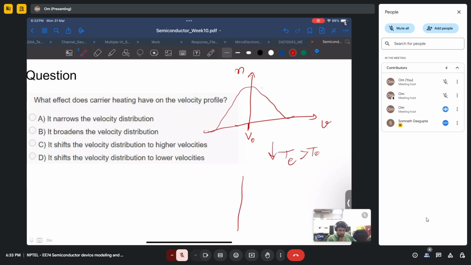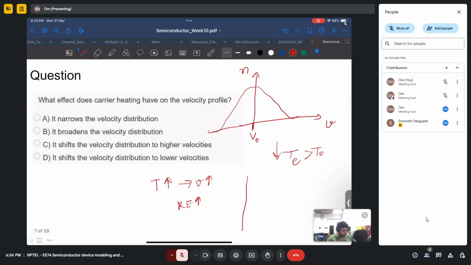Just by intuition, you can say when temperature increases, your velocity will increase, right? Kinetic energy will be more. This temperature increase will give more kinetic energy to the carriers. So that means your velocity must increase.